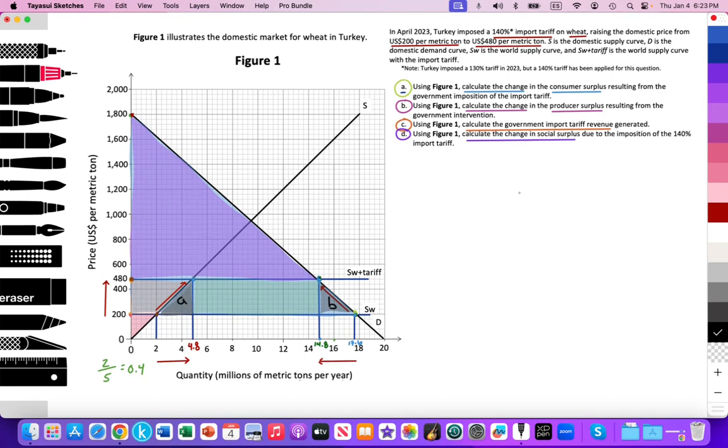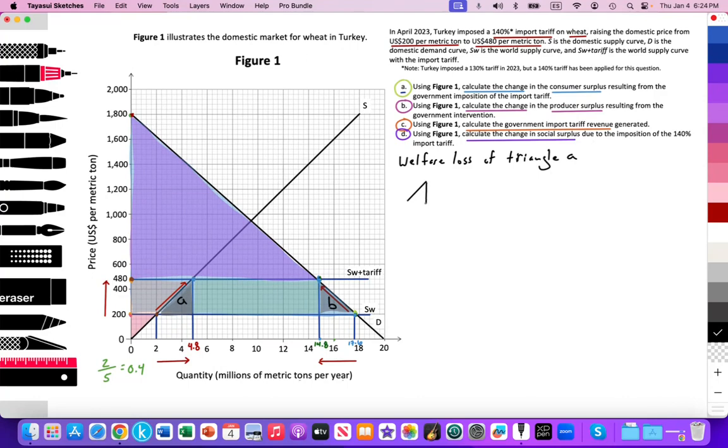For this question, we're going to be calculating the surface area of these two triangles. So let's do this. Let's see, welfare loss of triangle A, and then we'll figure out welfare loss of triangle B. Welfare loss of triangle A essentially has this shape, as we can see here.